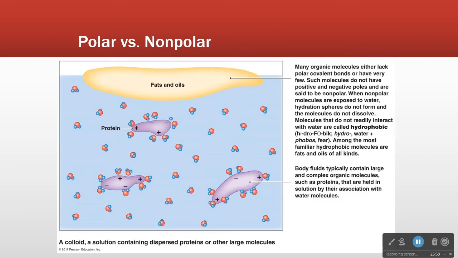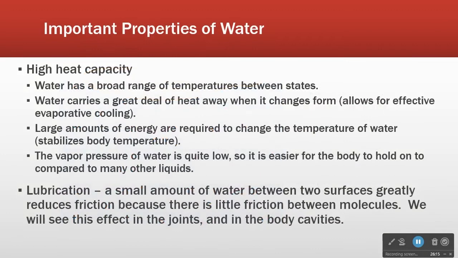So water's polar nature makes it possible for proteins to be much more soluble than they would be otherwise. All right? So water, it's not just ubiquitous. It actually has these really important characteristics that we depend on.